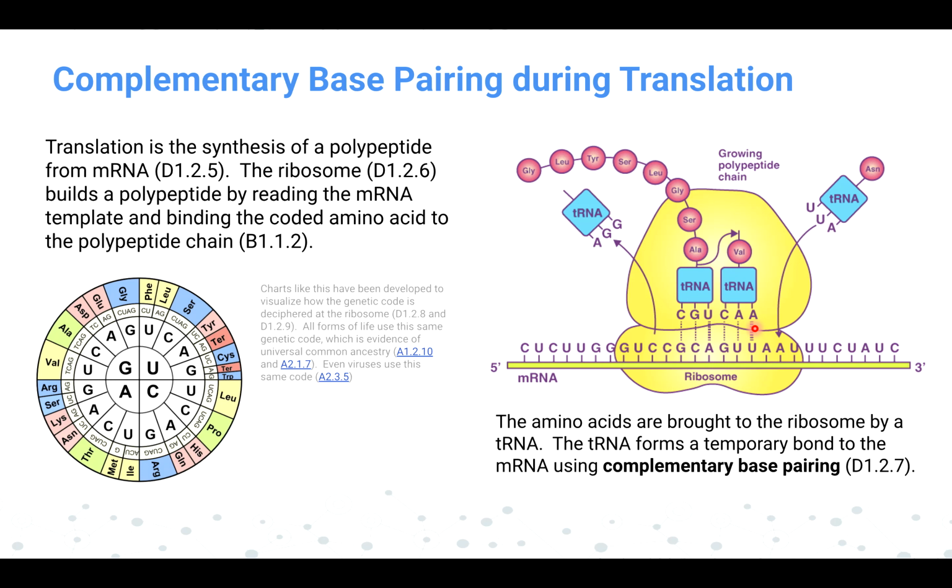So translation is the formation of a polypeptide chain from the mRNA molecule. Where does this process take place? On the ribosome. The ribosome builds the polypeptide chain by reading the information on mRNA, binding the coded amino acid to the polypeptide chain simultaneously. And in this way, a long chain of proteins is formed by the temporary complementary base pairing between codon and anticodon.